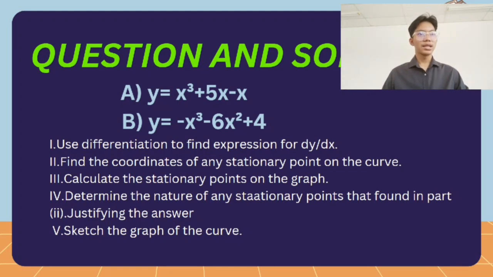The questions are: first, use differentiation to find the expression for dy/dx. Second, find the coordinates of any stationary point on the curve. Third, calculate the stationary points on the graph. Fourth, determine the nature of any stationary point found and justify the answer. Fifth, sketch the graph of the curve.